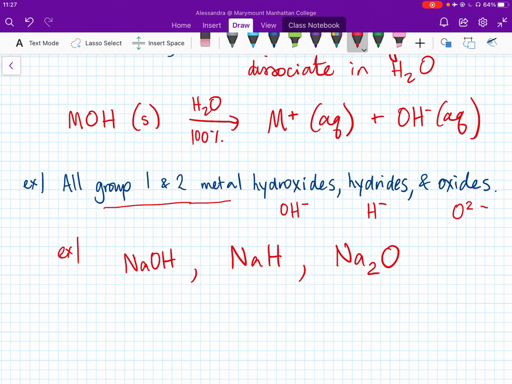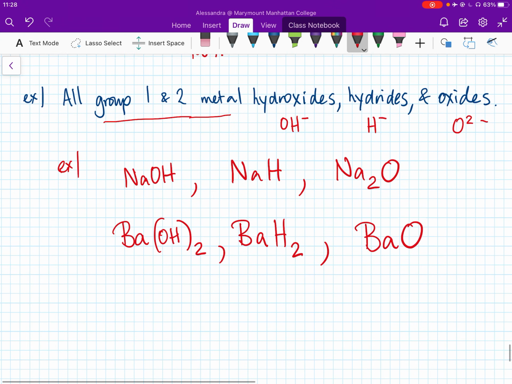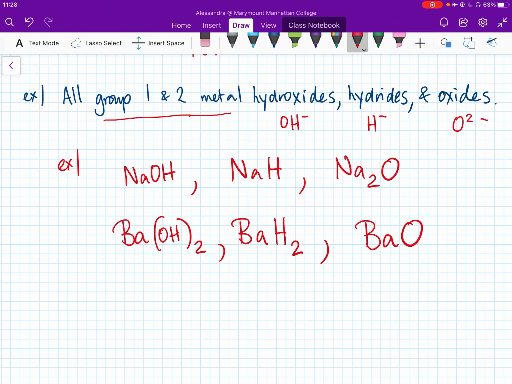So for example, barium. Barium is Ba2 plus. So barium hydroxide would have Ba(OH)2 as its formula. Barium hydride would be BaH2 as its formula. And barium oxide would be just BaO to give a neutral compound. So when you put any of these in water, they're going to completely dissociate.